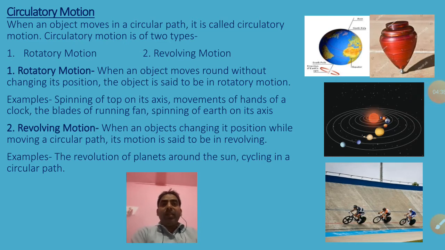Now we will see circulatory motion. What is circulatory motion? When an object moves in a circular path, it is said to be circulatory motion. An example is the movement of the earth on its own axis.